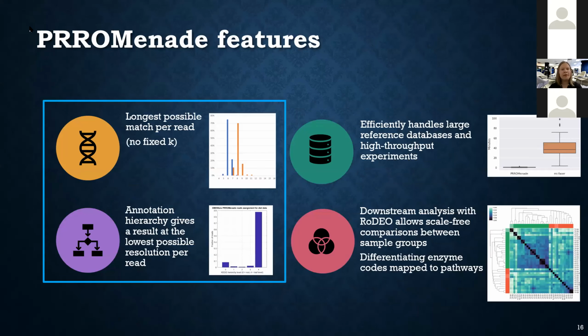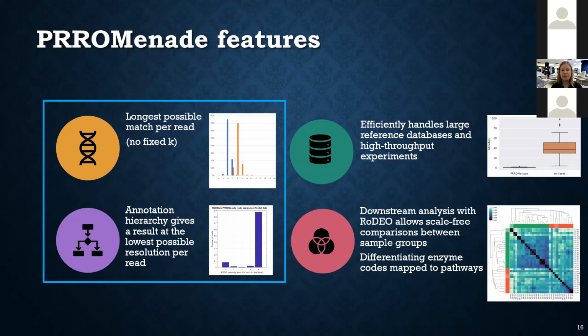To summarize the features of Promenade, again, we look for the longest possible match, and we do not fix the K. We look for maximal matches. And then the annotation hierarchy gives you a result at the lowest possible level. So some reads may go to the most specific level, and some may even end up in the root because there's nothing differentiating them, or there are too many matches in different branches of the hierarchy.